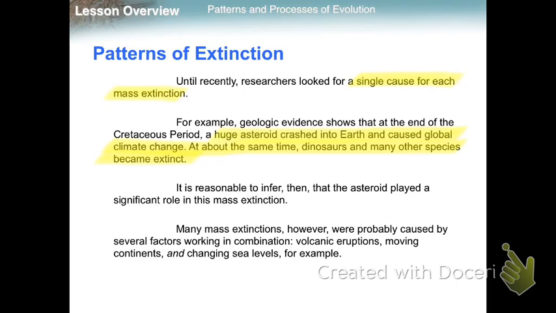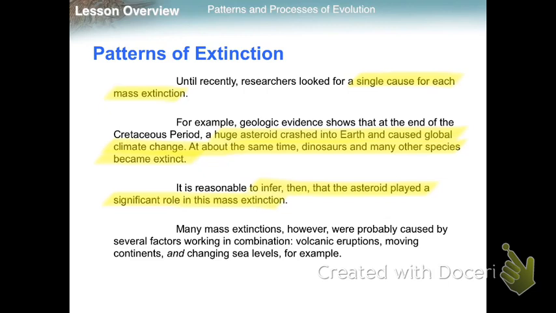The herbivore dinosaurs couldn't eat, and then the carnivorous dinosaurs couldn't eat because the herbivores died out. And so this is thought to have caused the end of the dinosaurs in the dinosaur age. So the inference there is that the asteroid played a significant role in this mass extinction.